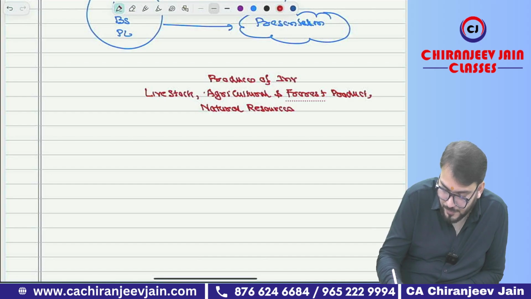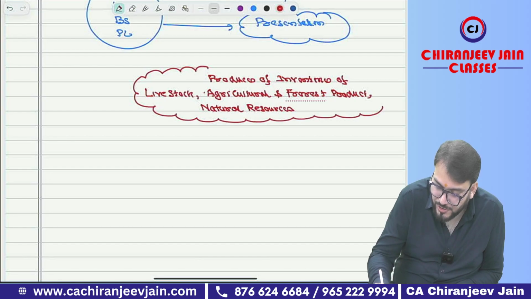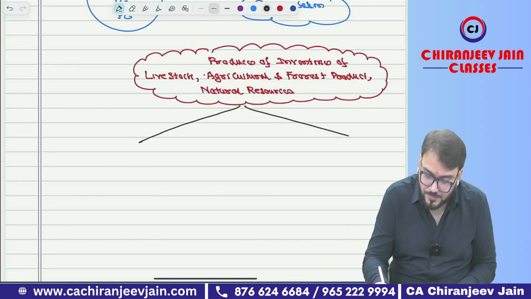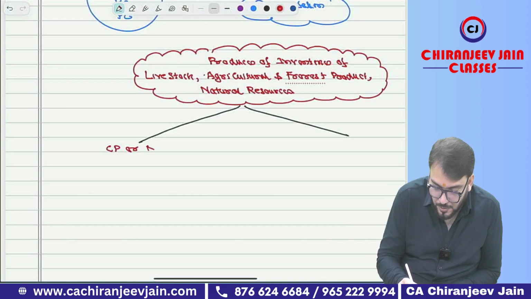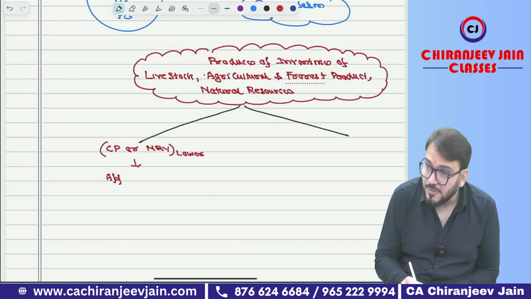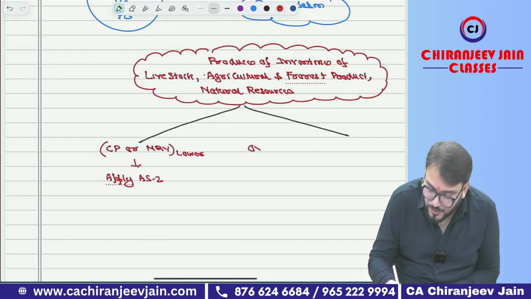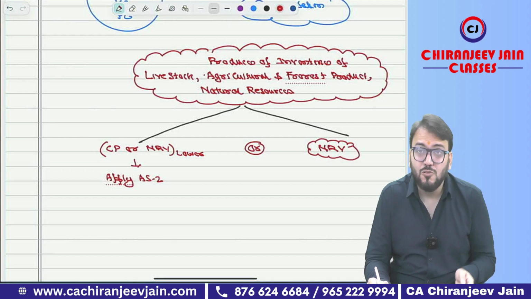AS2 has given an option. Either you can measure at cost price or NRV, whichever is lower, and then apply AS2. But the second option they have given is that you can also measure at NRV, meaning there is no need to determine cost price.